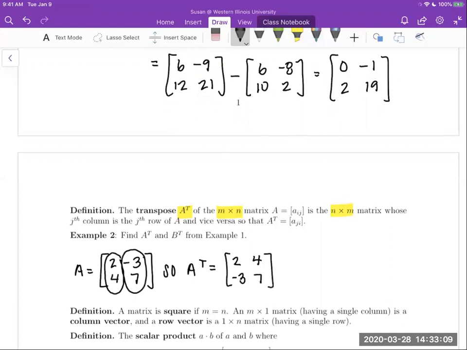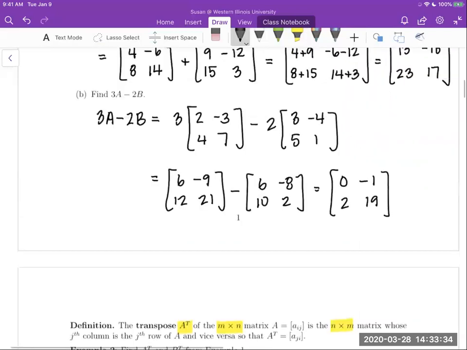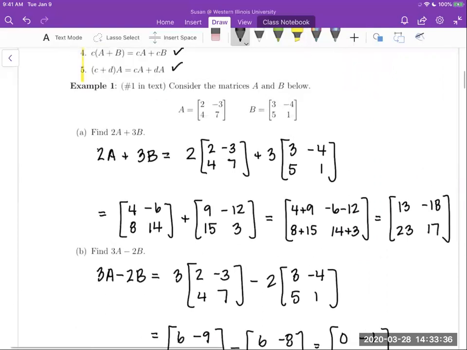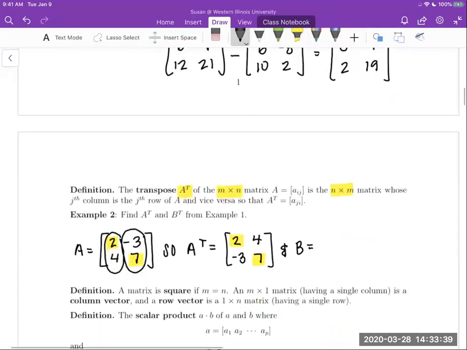And I do want to note here that the diagonal entries stayed the same. Those are the Aii entries. When I flip-flop those subscripts, i j, since they're the same, they stay. So the diagonal stays put in the transpose matrices. And then we can do the same thing for B. B was the matrix 3, negative 4, 5, 1.